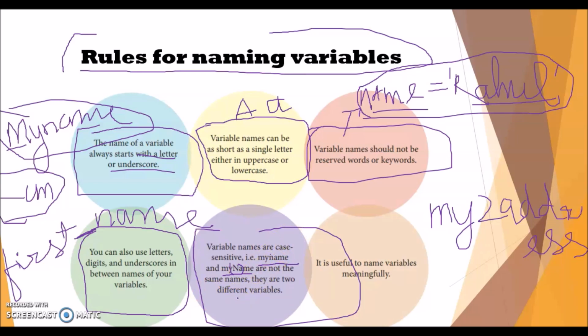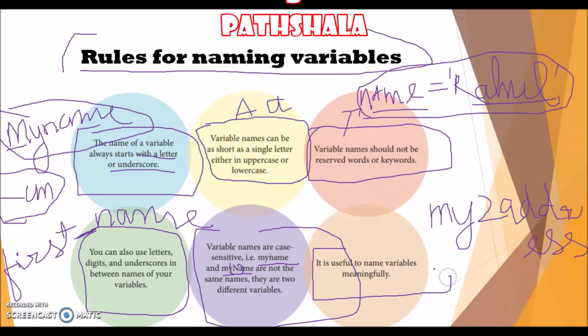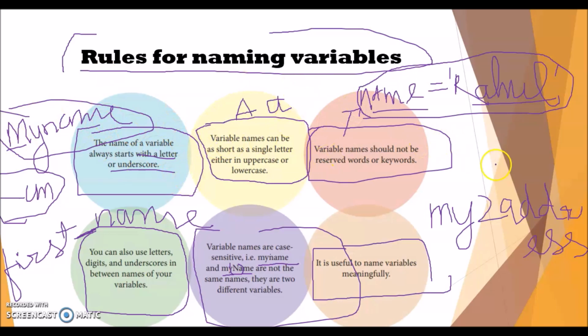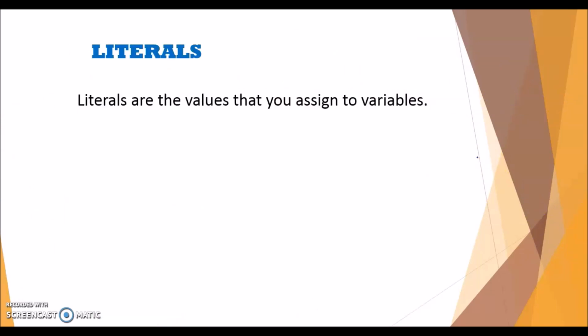When we use them as variables, they are treated as different. Next, it is useful to name the variables meaningfully, which means whatever name you give to variables should have some meaning. So these were some rules for dealing with variables.